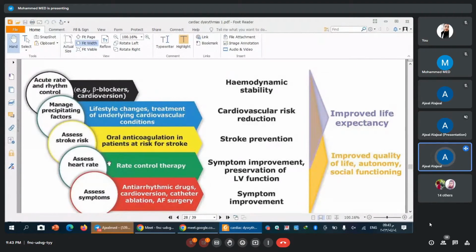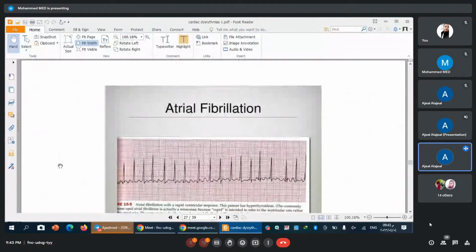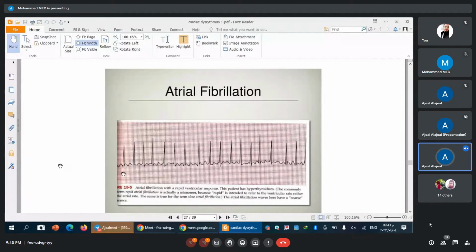And I will tell you now, suppose that we are sitting in casualty and we receive a patient with atrial fibrillation. Go to the ECG slide, please, the previous slide. Yes. Okay. Suppose that this is a 68-year-old man who comes to casualty.